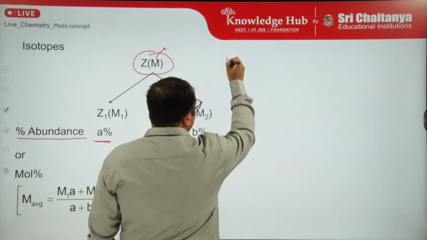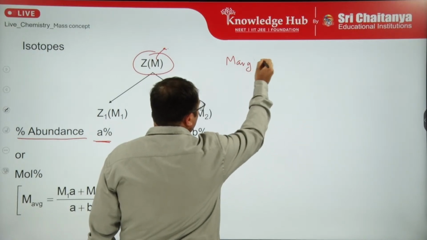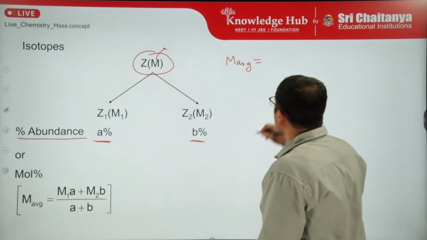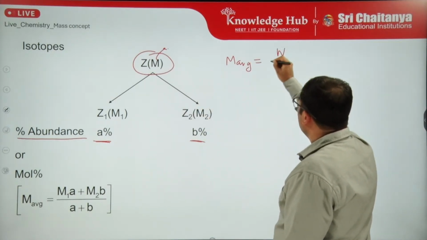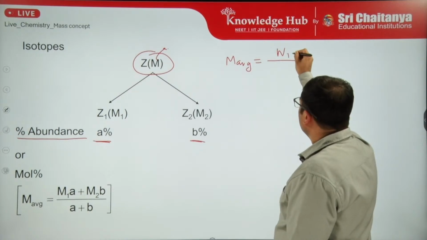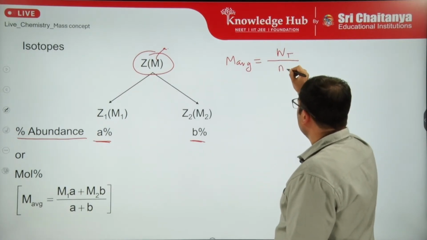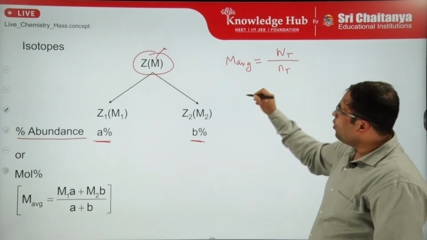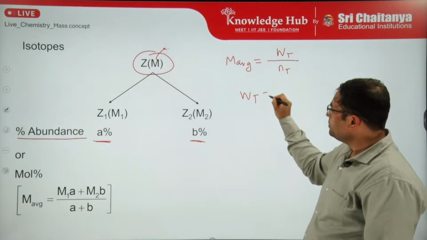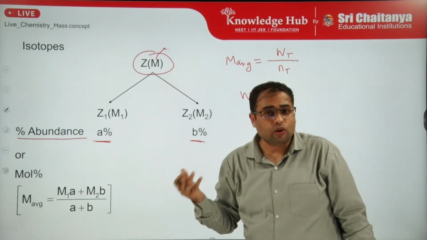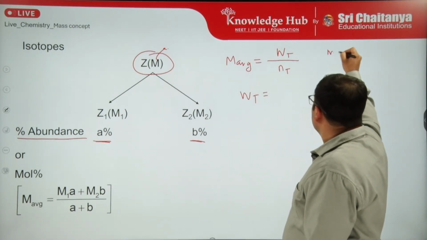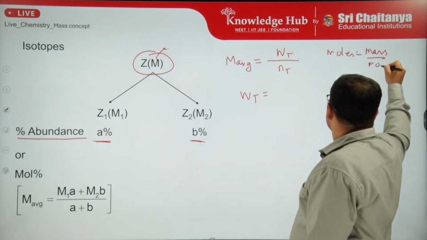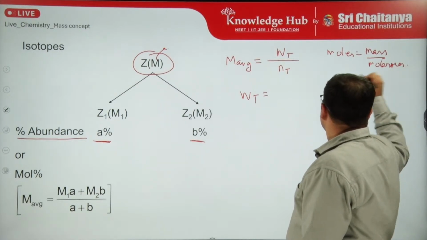Now do you remember the average molar mass formula which we had derived? It was total weight divided by total moles, right? Now how will you calculate the total weight? We know that moles is mass upon molar mass, right?